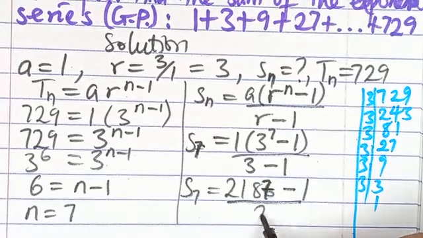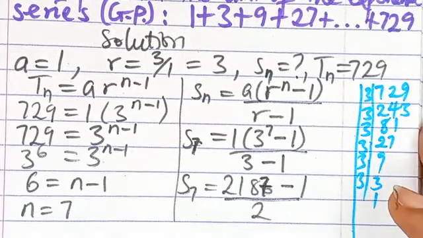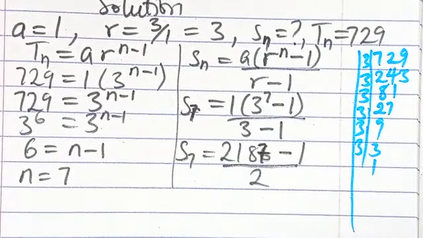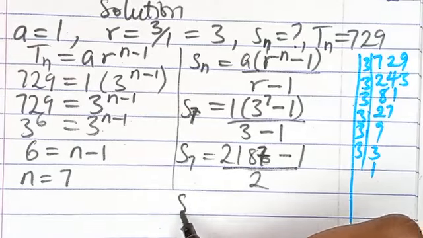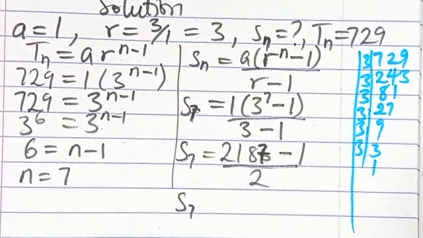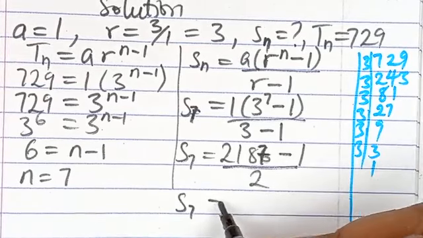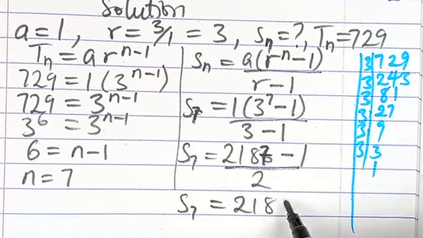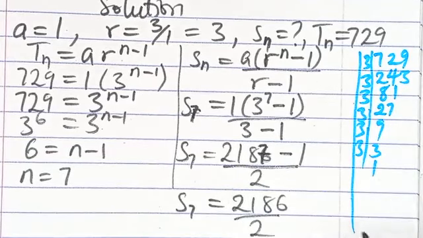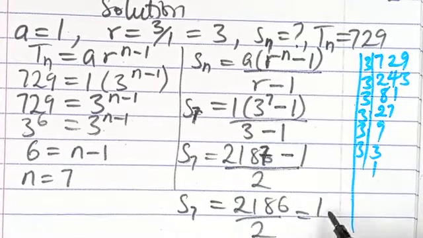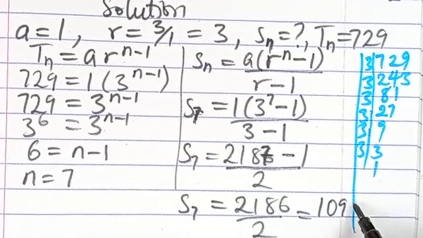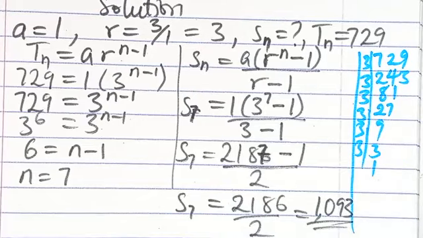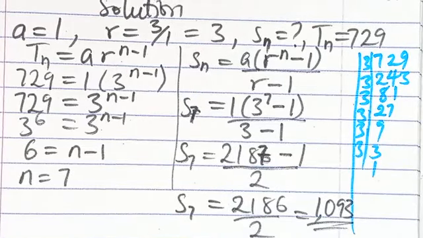So over 2. Okay, this is what we have now. We have that the sum to the 7th term is equal to 2187 minus 1 is 2186, divided by 2, which is equal to 1093. So that is the sum to the 7th term of this GP.